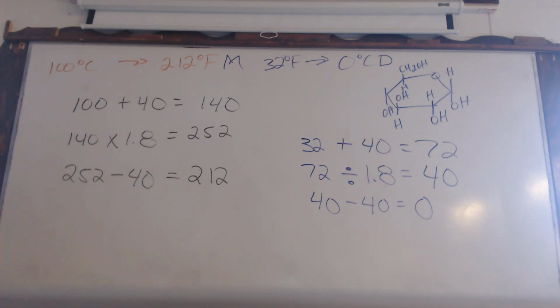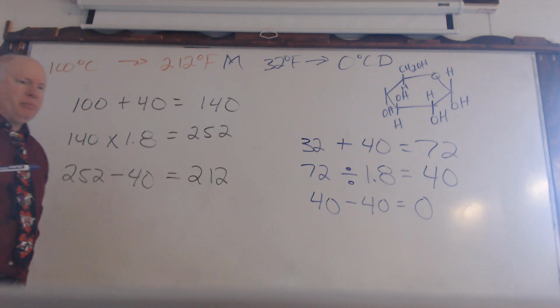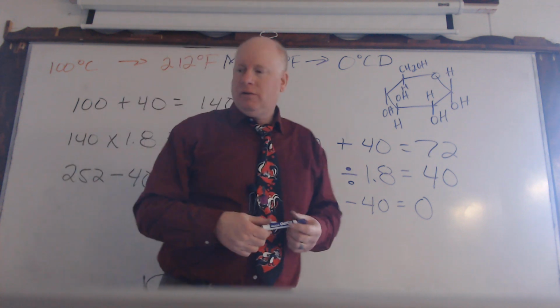It's always 1.8. Again, I don't know if that helps or not, but that's how you go from Celsius to Fahrenheit and Fahrenheit to Celsius. Then look at your paper, and if there's any confusion, we can try to point you in the right direction.